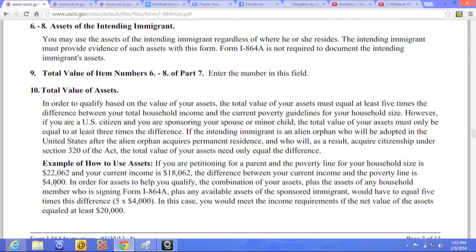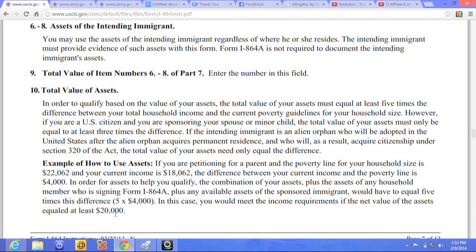That means you need 5 times 4,000, which is 20,000. So the total value in this situation, in this example, we take the difference between the required level and the income that you have. The difference is 4,000. So the total value of your assets should be 5 times 4,000. That means 20,000. So all the assets combined, your assets and the assets of people in your household size.